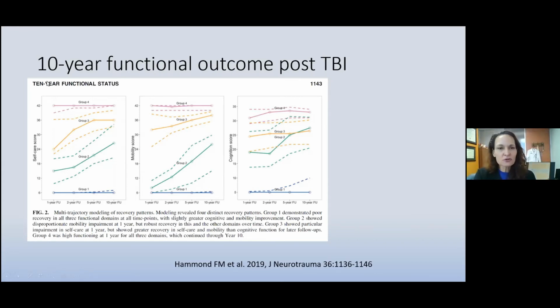And then there's these group 2 and 3s who really do have some improvement over 10 years out from TBI. This is specific to TBI. And this is on all areas. So this is in self-care, so ADLs, in mobility, ambulation, and in cognition and cognitive function.